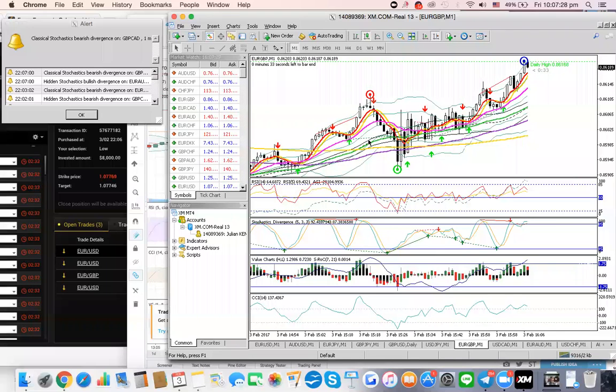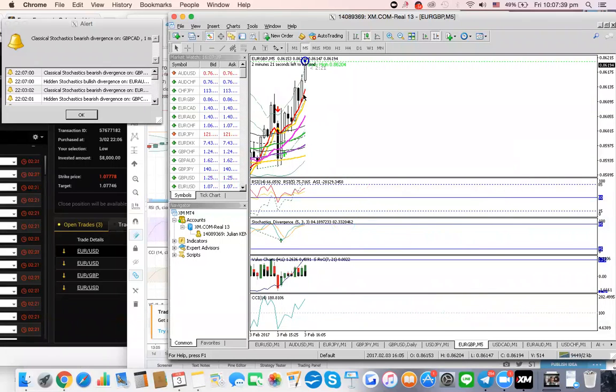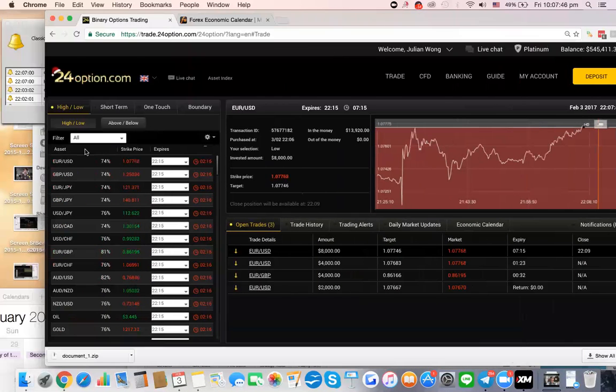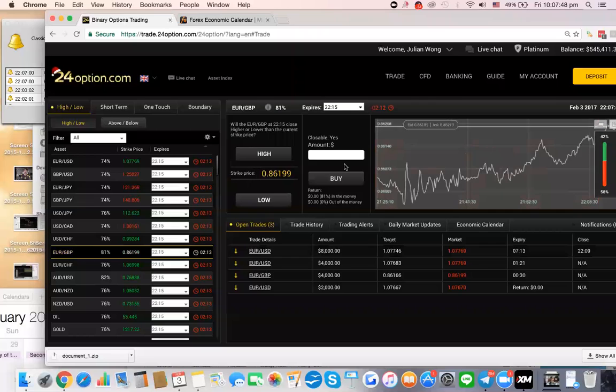One, two, three, 4. You do it 5 minutes. If you want to go really short term, you do 5 minutes. But if you want to take it more conservatively, go up the time frame and take it for 10 minutes as well. So there's a 10 minutes Euro pound, and I'm going to be done with it.